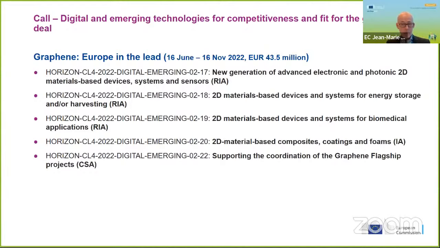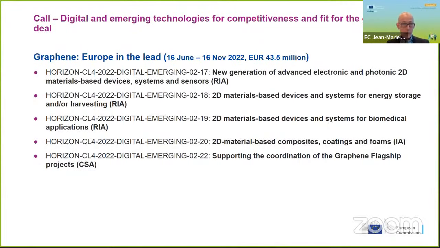But the overall objective is kept like the one of the Graphene flagship. So it's to bring graphene and 2D materials to a point where they can be taken up and exploited by several industries. So the objective is really about establishing in Europe strong value chains in graphene and 2D materials. So that's the context.